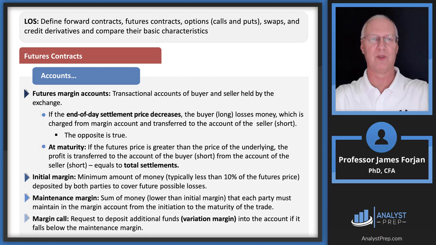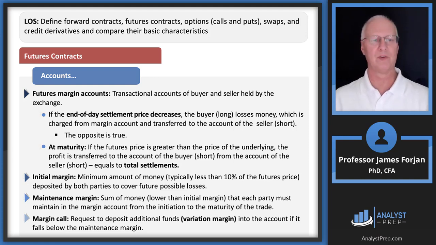So when that margin goes from 95 maybe to 90 to 80, but once it goes down below 75, then that party has to put the full $100 back in. So that's what a margin call is, and they'll have to deposit additional funds, which gets to the variation margin.